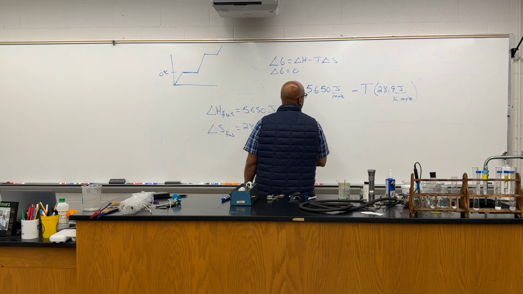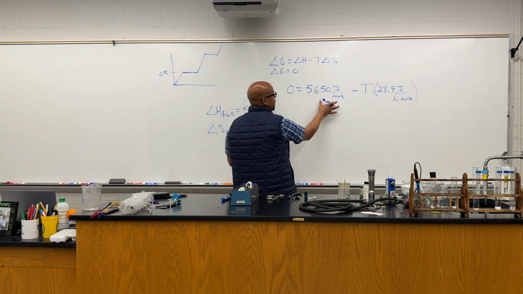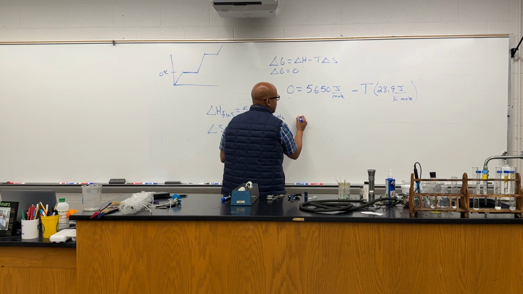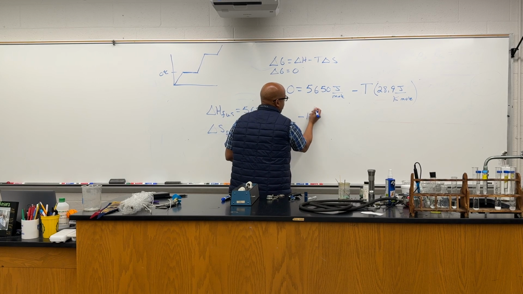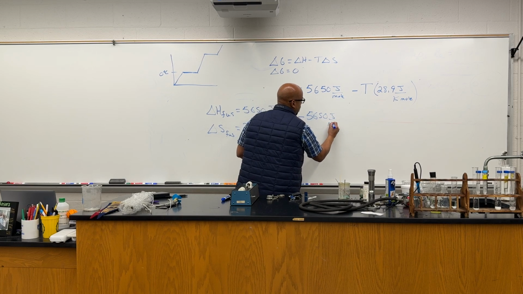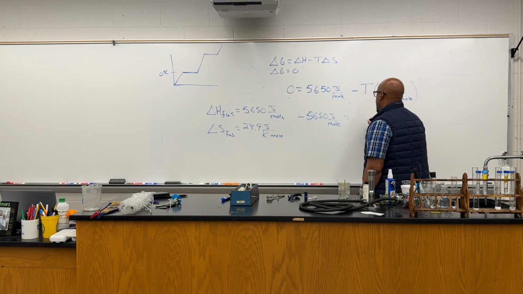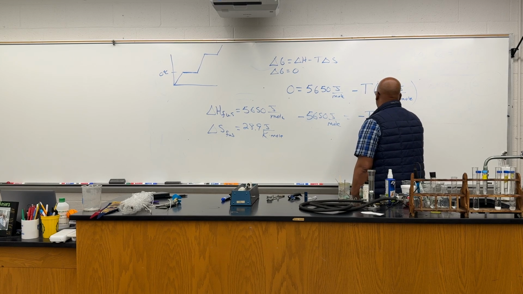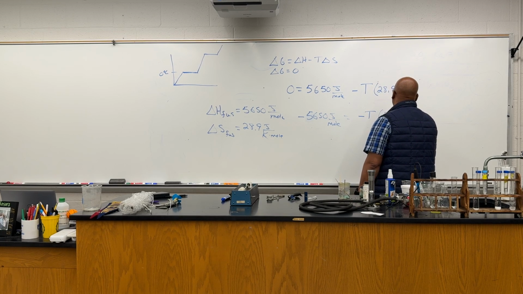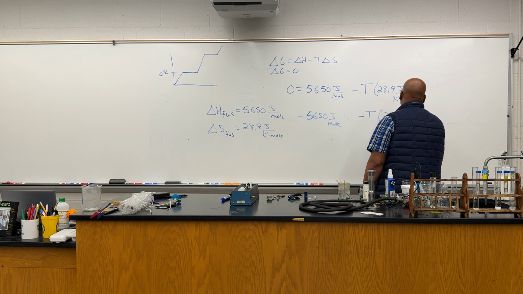And I just solve this for temperature. Bringing this to the other side, I have negative 5,650 joules per mole is equal to negative T times the 28.9 joules per Kelvin mole. And then we just solve for T.